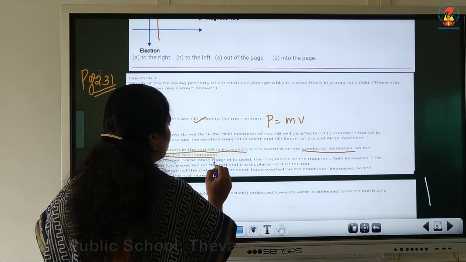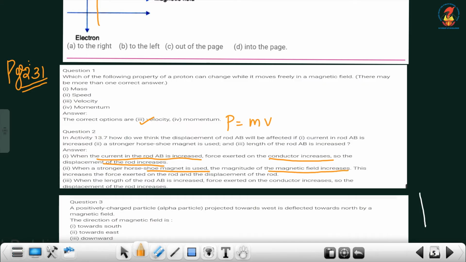When a stronger horseshoe magnet is used, the magnitude of the magnetic field increases, so it will experience more force, and due to that force the displacement of the rod will be more. When the length of the rod AB is increased, the force experienced by the conductor increases, and the displacement of the rod also increases.